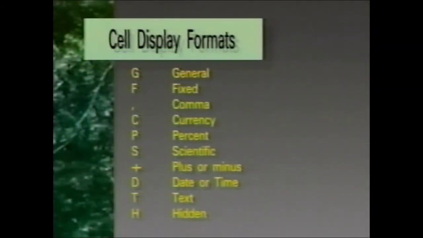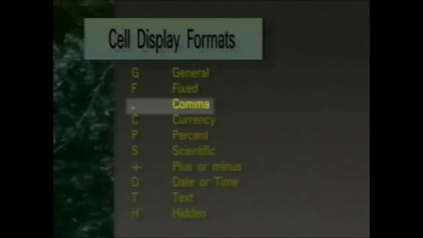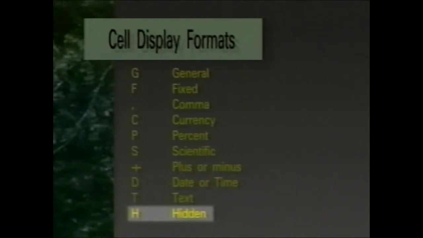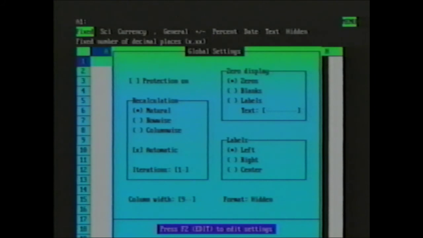Your options are G for General, F for Fixed, comma for comma, C for Currency, P for Percent, S for Scientific, plus for plus or minus, D for Date or Time, T for Text, and H for Hidden. You'll notice that when you select a format, the abbreviation of the format appears in the control panel.